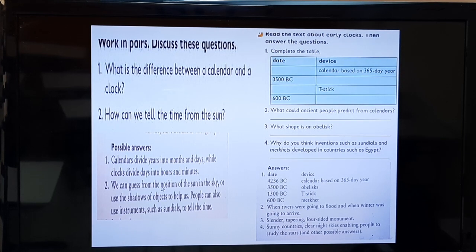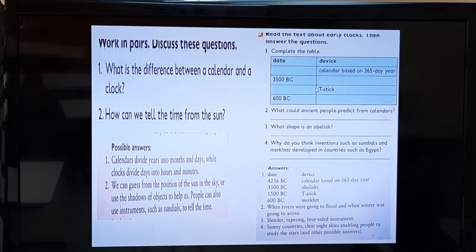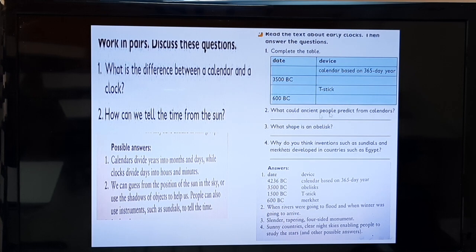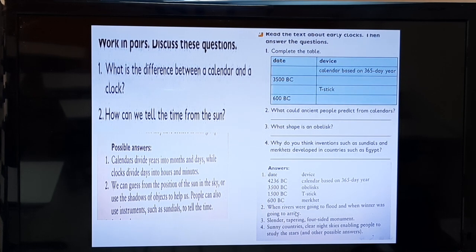We can guess from the position of the sun in the sky or use the shadows of objects to help us. Okay? And you have exercise D. Okay, you have a question here, important. This table is just for information, okay, you already have it in the text. So these questions are important and you have their answers, okay?